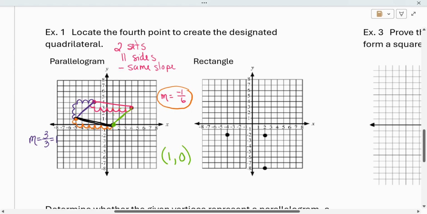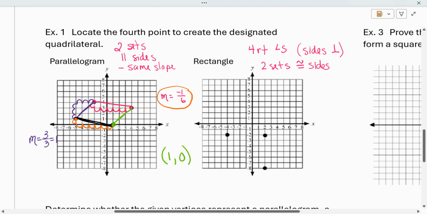Now for a rectangle, we know that a rectangle has 4 right angles, which means that the sides are perpendicular, and it has 2 sets of congruent sides. Opposite sides are congruent.